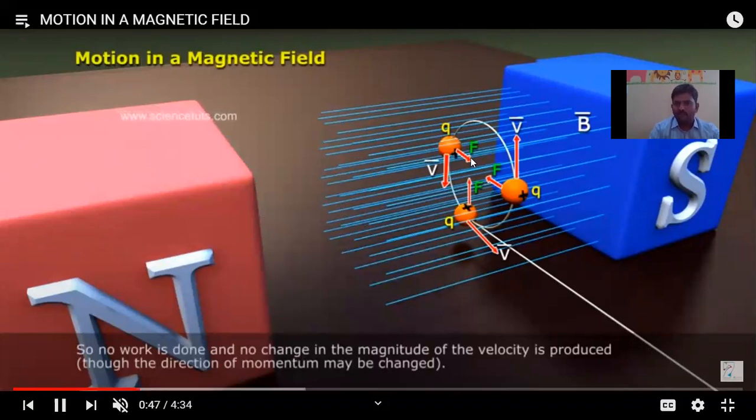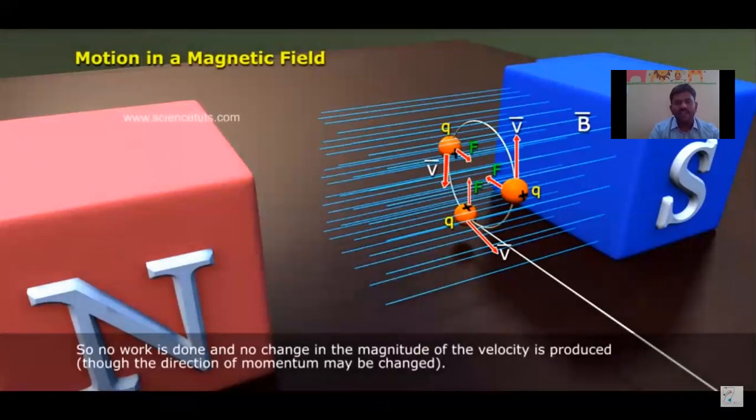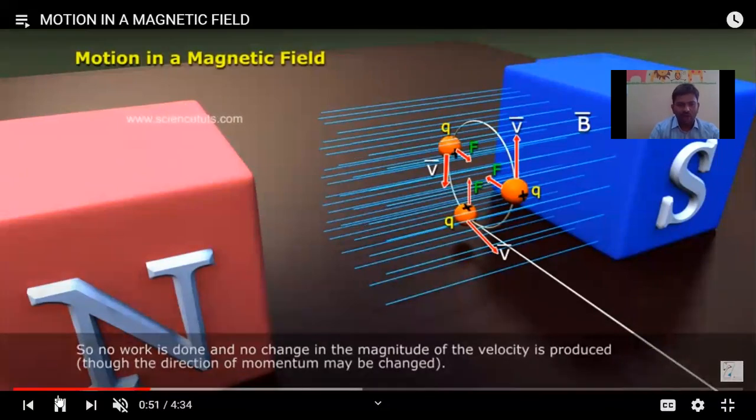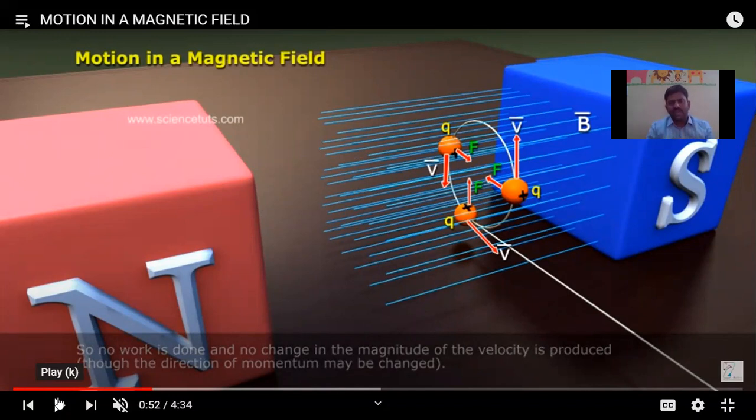So the force will not do any work because we know to do work, the force needs to move any object along that force direction. This is not happening here because the angle between force and the motion of the charge is 90 degrees. So it will not do any work, but it changes the direction.